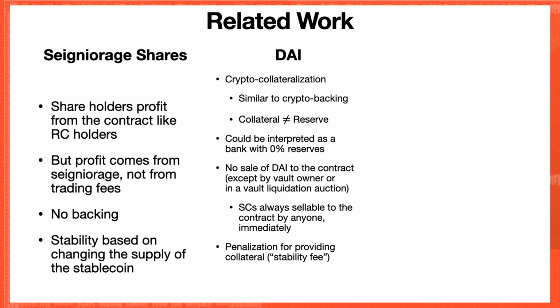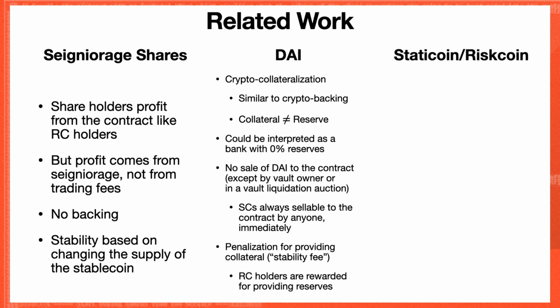And on the reserve coin side, like in DAI, you are penalized for providing collateral, right? You have to pay the stability fee. Whereas in our stablecoin, if you're a reserve coin holder, you are rewarded for providing reserves. So you are rewarded because the trading fees are accumulated in the equity, and you can sell your reserve coins and get that equity. You can get those fees at some point.